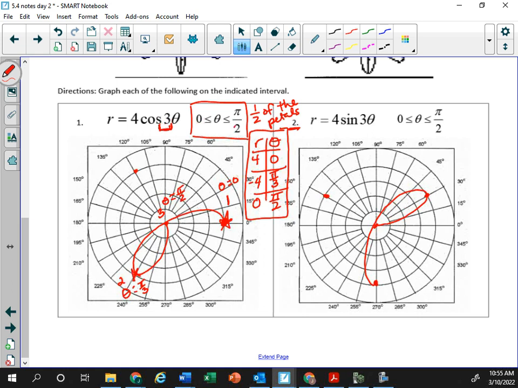It's okay if you need the table. But if you see this and can graph that, awesome, just graph. And are we okay with why it's half the graph? It's an odd number, that will give you half. If it had been 4 sine of 4 theta, you'd only get a quarter of your petals. Any questions before I switch slides?